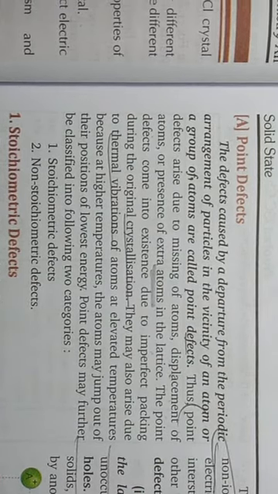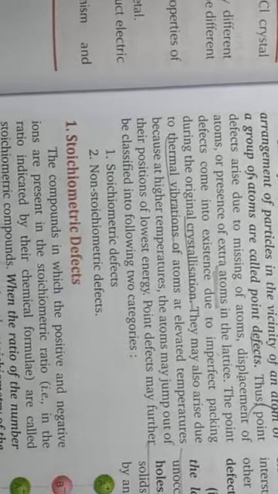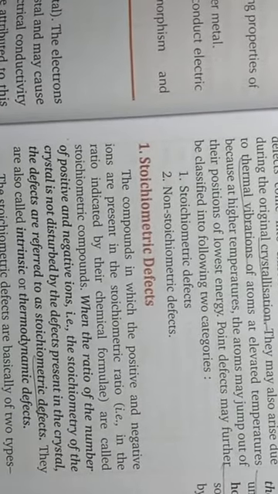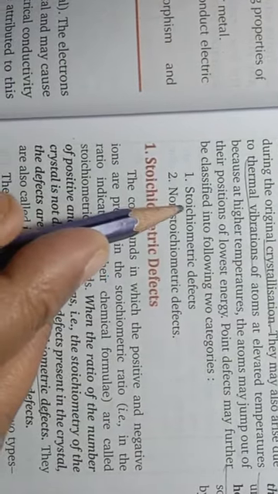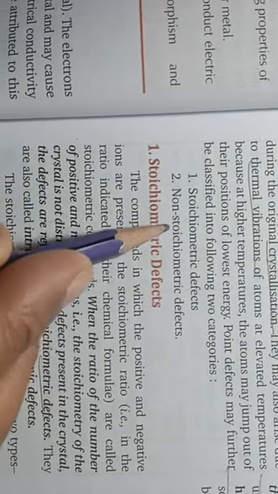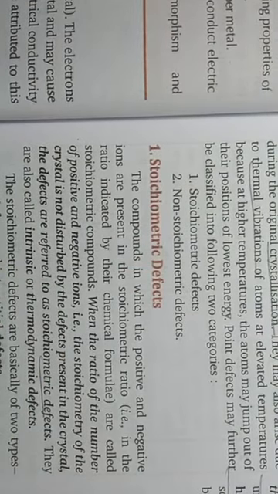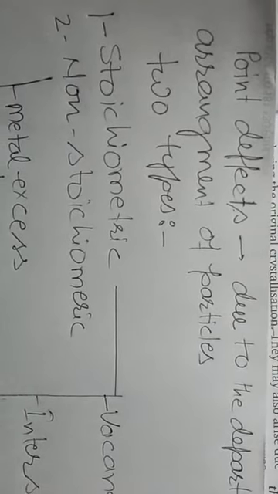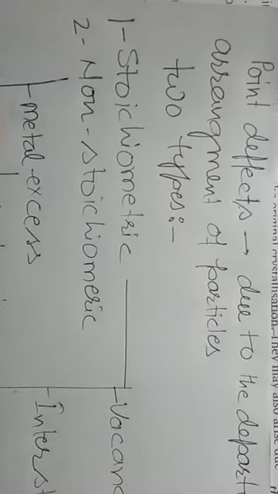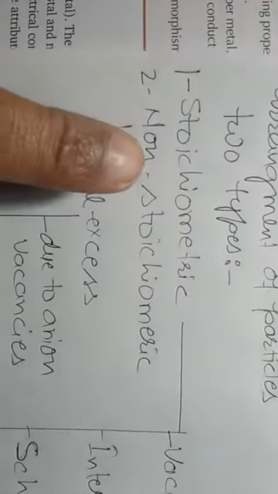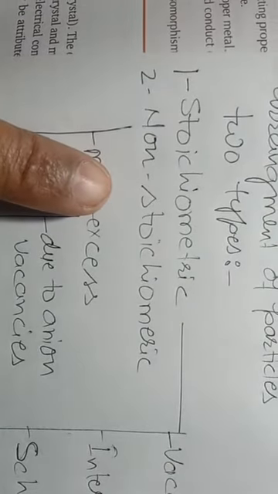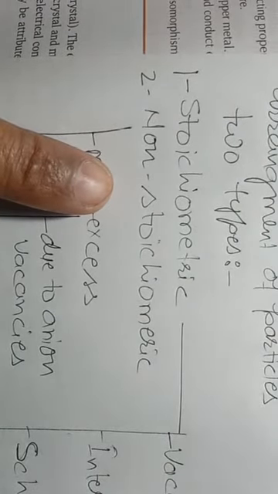Okay, students, now the types of point defect. Point defects are classified under two headings: stoichiometric defects and non-stoichiometric defects. Okay, students, so as you can see from here, this is the detailed division of point defect. First, point defect has two types: stoichiometric and non-stoichiometric point defects.